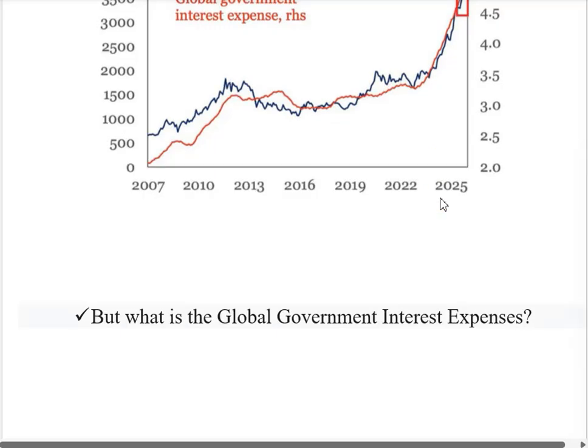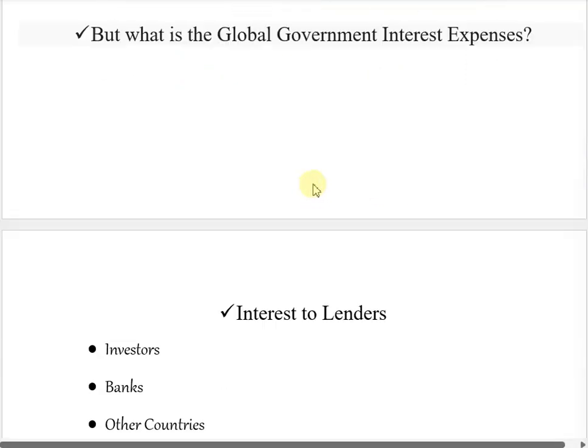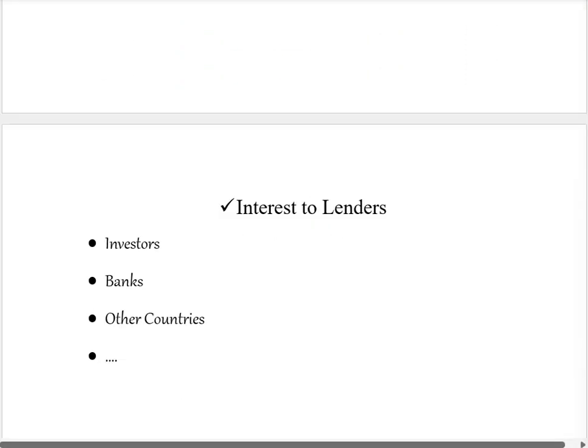But what are the global government interest expenses? Please pay attention. Global government interest expenses refer to the total amount of money governments around the world pay each year to service their public debt, especially the interest on money they have borrowed. When governments spend more money than they collect in taxes, for example, they borrow to cover the difference.